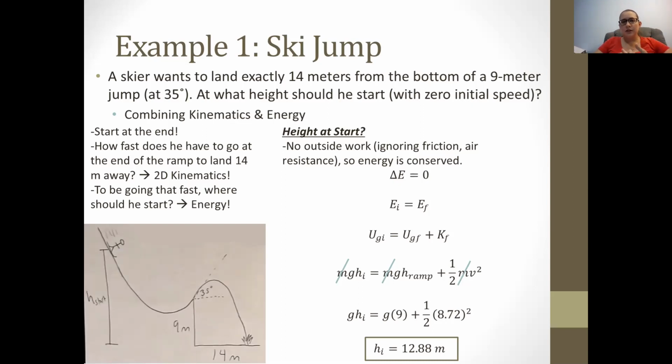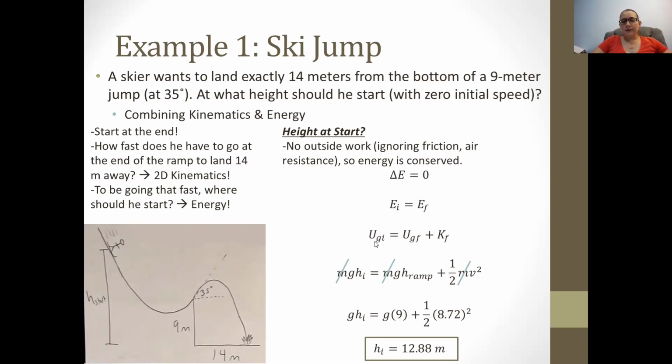We're ignoring friction, we're ignoring air resistance, energy is conserved, which means our change in energy is 0. So our initial energy equals our final energy. Now, initially, we're told that he's moving with 0 initial speed, so he does not have any initial kinetic energy. Okay, it's all just due to his position above our reference point, which is the ground.